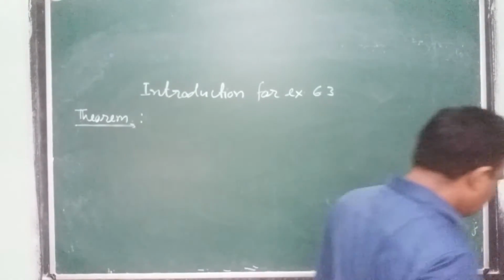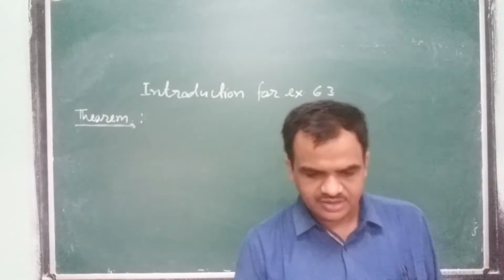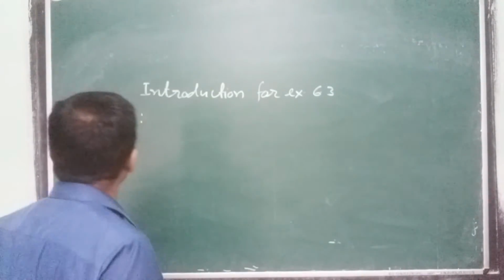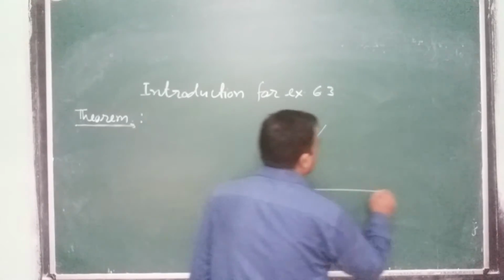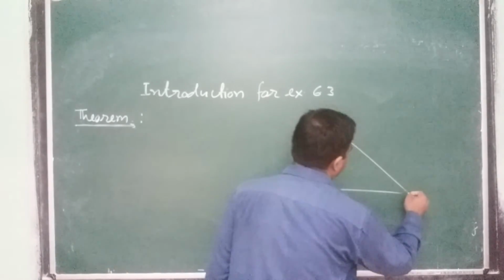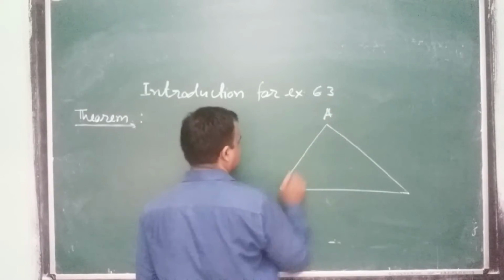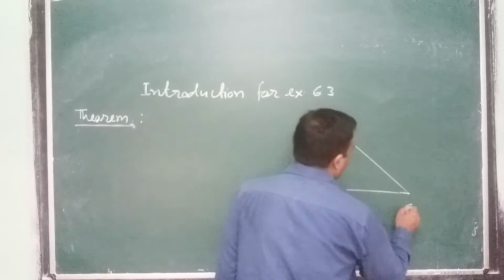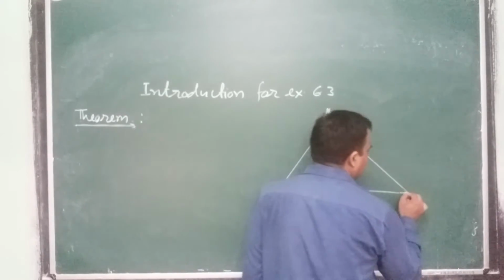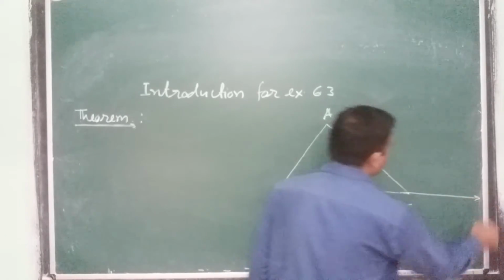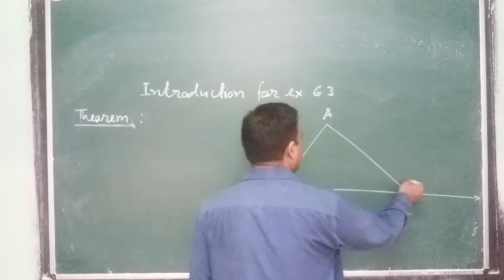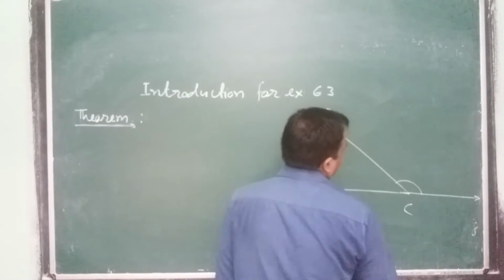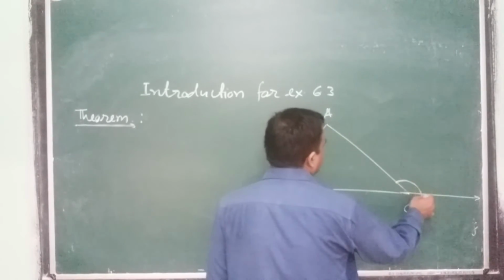First of all, let us try to understand the concept and then we will start about the theorem. So, what is the theorem? If you choose any triangle ABC and you extend any of these sides, then here we have got one angle. This angle is actually said to be exterior angle.